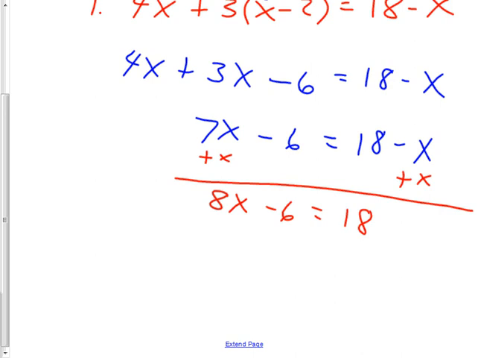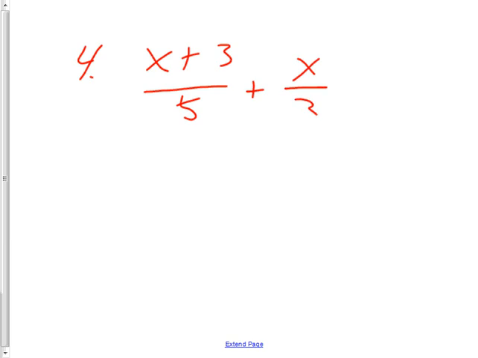All right. Remember me talking about that method for clearing fractions? Let's do that on number 4. Number 4 is x plus 3 over 5 plus x over 3 equals 7.